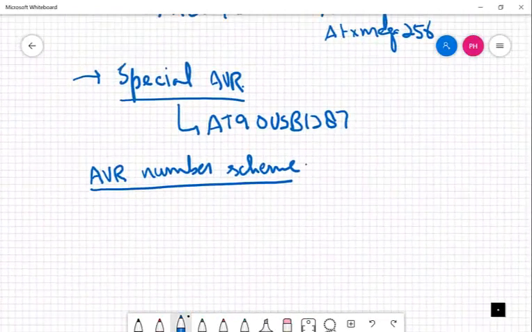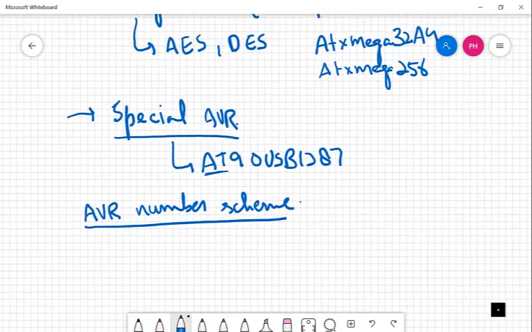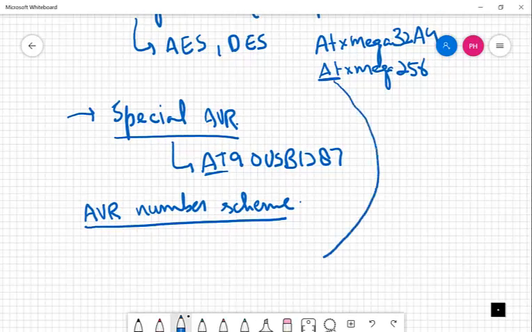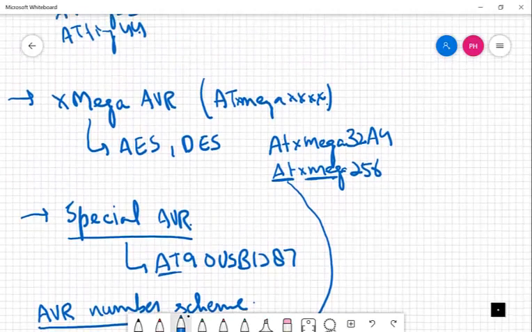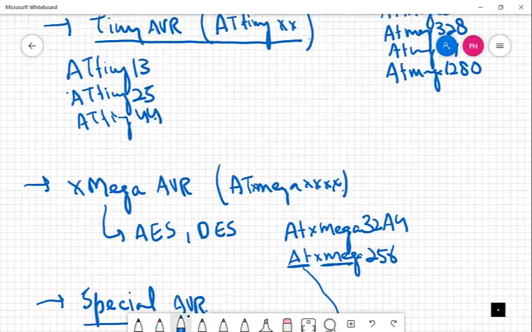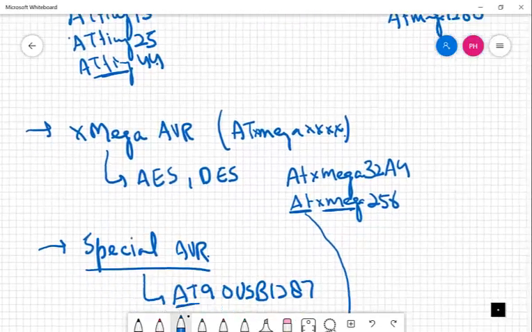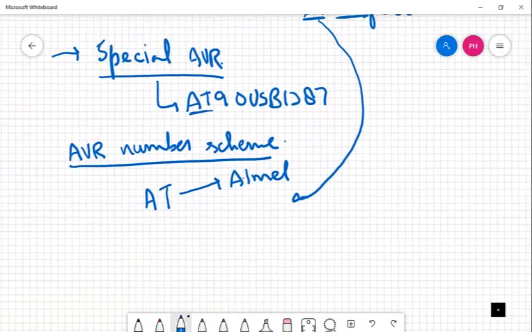As we may have seen, the first two characters here are AT, and they stand for Atmel. And then the next ones, like in the case of Xmega or Tiny, tell us which family they belong to: do they belong to the Tiny, Xmega or Mega families? And then the last number is important. How to decode this number?